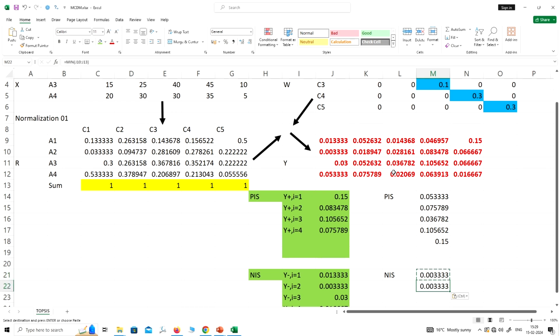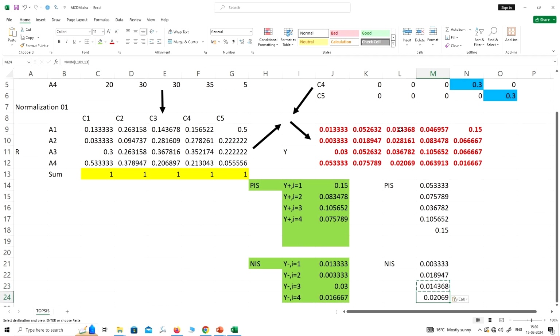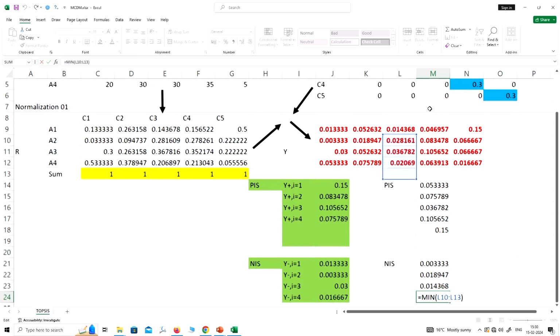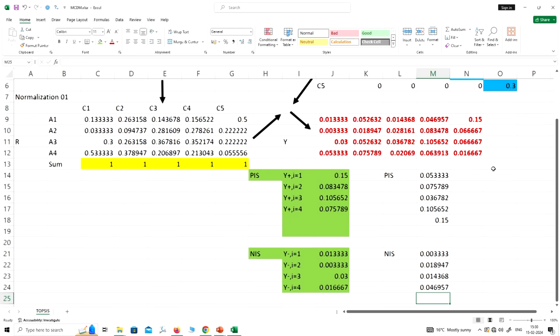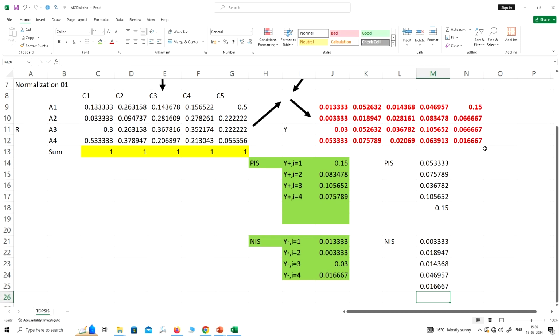So, I do it for the second, I do it for the third, I will do it for the fourth, and finally, I do it for the fifth. Now, with this I proceed.